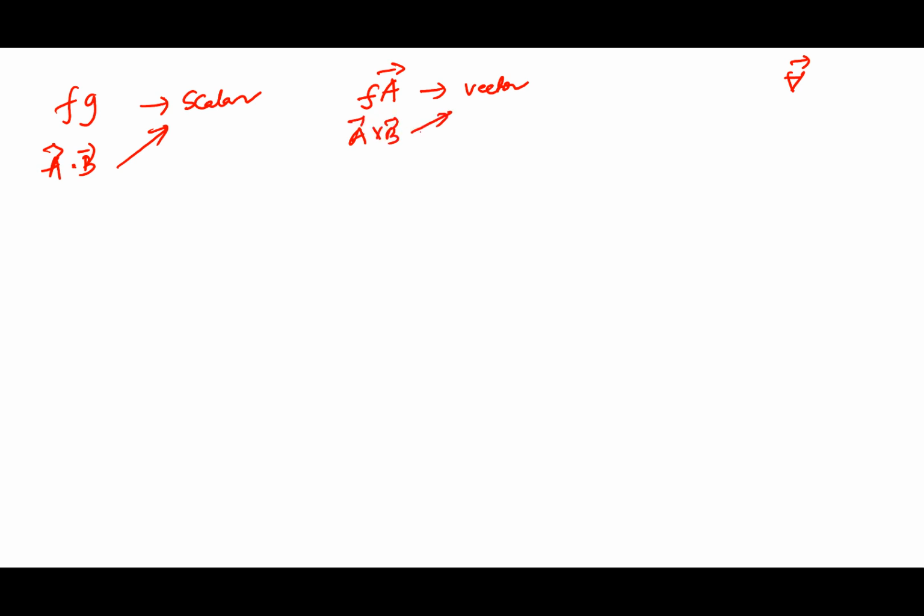So based on this, there are different product rules that you can write down, right? For example, if I have to take the gradient of fg, then I do f gradient g plus g gradient f. That's one product rule.